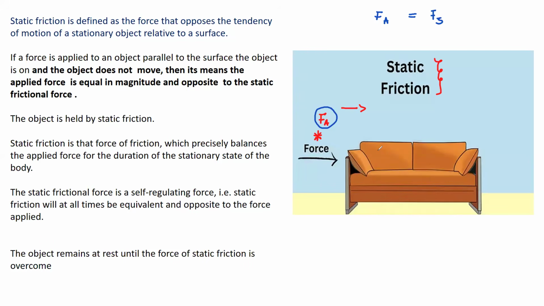I don't want to move. In spite of your applied force, I will match your energy and I'm not moving. So the applied force is equal to the static force, hence the object is not moving. So the physics of non-movement is that the applied force is being equated by the static friction.